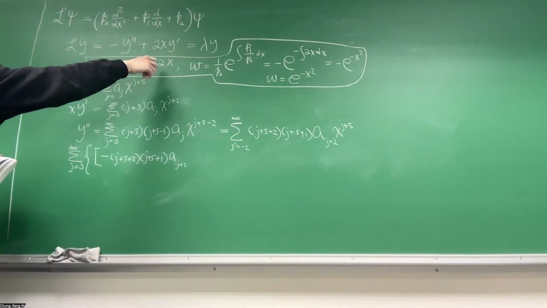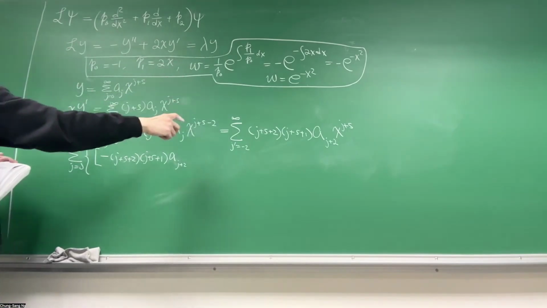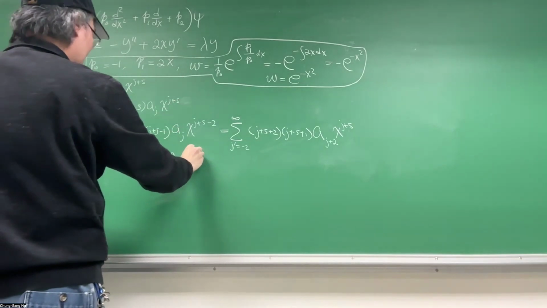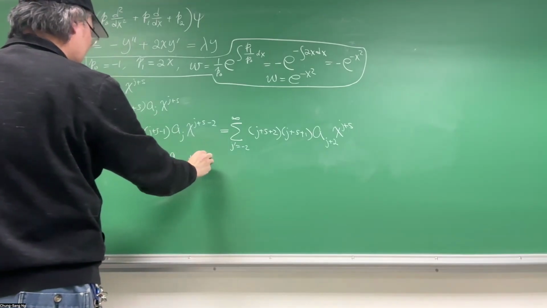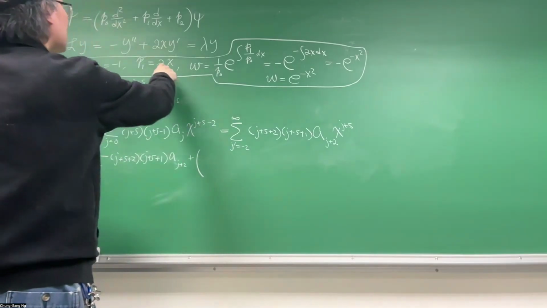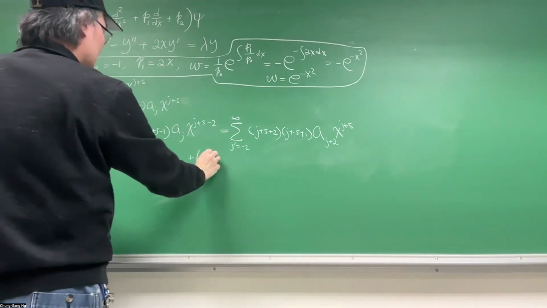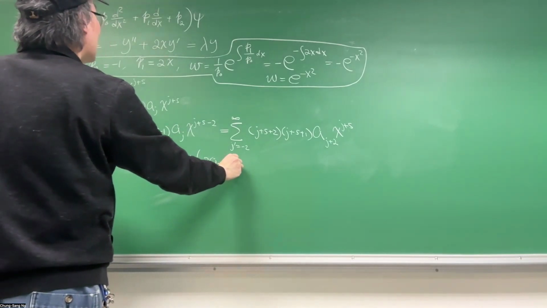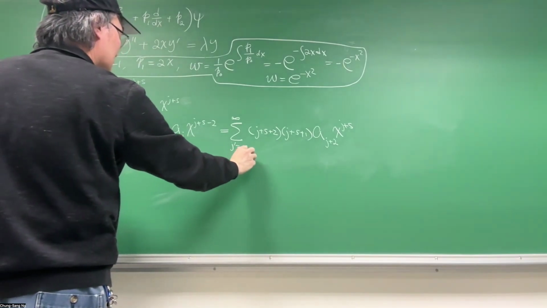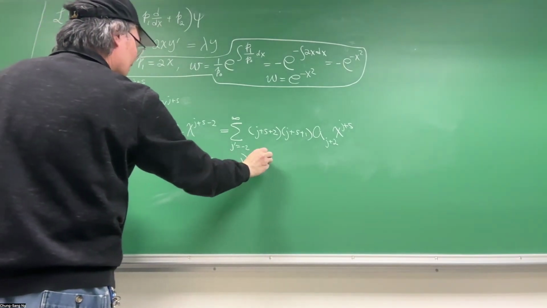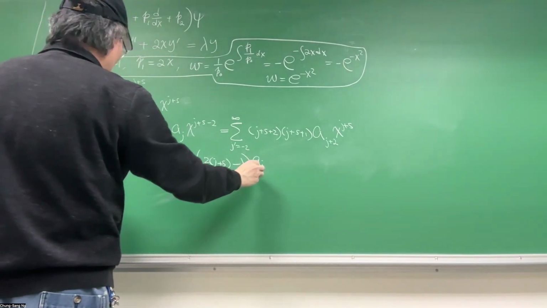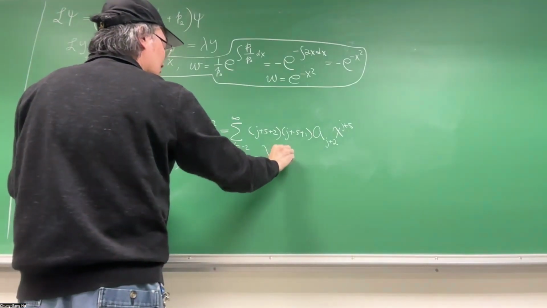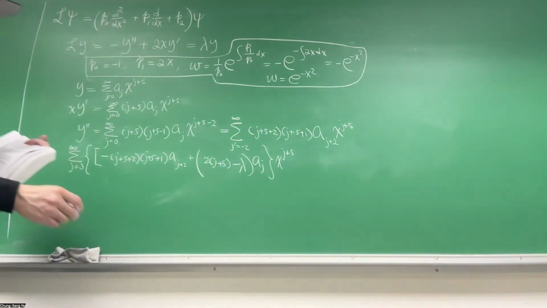And then you have two terms, this one and that one, proportional to a sub j: 2 times j plus s, and then minus lambda, a sub j.